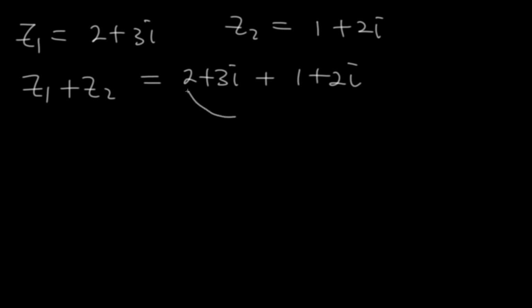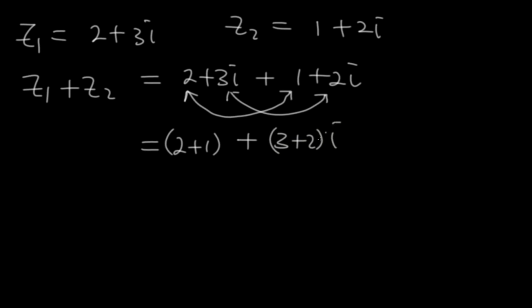Okay, so we add the real parts together and we add the imaginary parts together. Therefore, z1 plus z2 is 2 plus 1, that is the real part, then plus 3 plus 2, that is the imaginary part. So 2 plus 1, that is a 3, then 3 plus 2, that is a 5, everything multiplied with i.